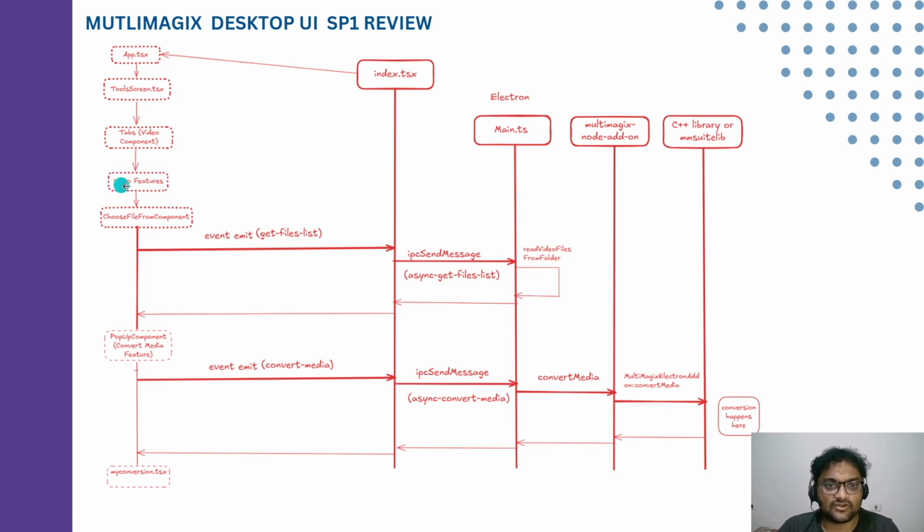When you click on this particular feature, you get a choose file from component. Once you select this choose file from component, it will emit an event that says get files list. This get files list sends an IPC message from index.tsx to main.ts, which is the Electron component.